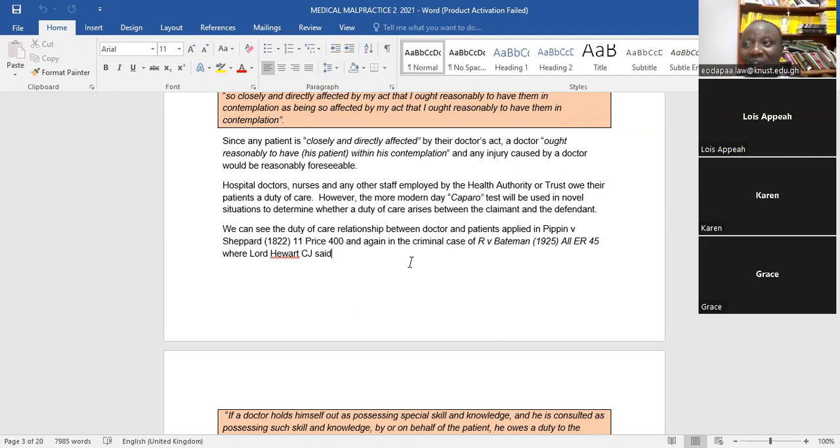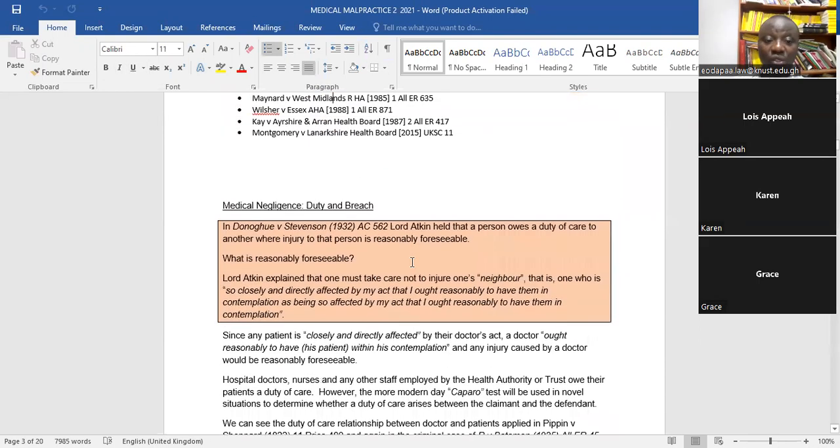Of course, in the case of a clinical context between the doctor and the patient, it's not really difficult for you to demonstrate that the patient and the doctor were in such a relationship that the doctor or the healthcare professional, for that matter, ought to have had the patient in mind when acting, so that his or her action will not have adverse effects on the patient. So that is pretty straightforward, as we noted, to establish that a duty of care was owed to the patient.